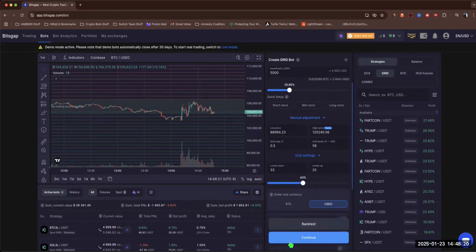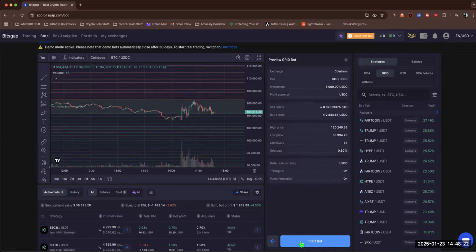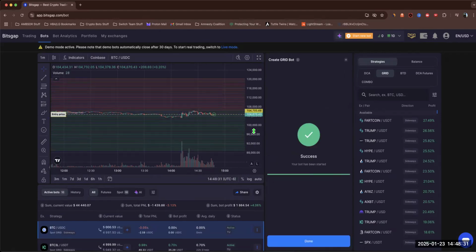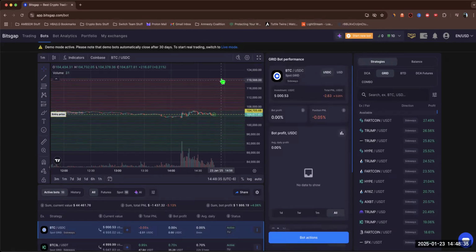Anyway, if I just click continue and start bot, it's going to create all these buy orders. And in demo mode, it does it really fast. In live mode, you'll kind of see the lines start gray, and then they're going to kind of slowly turn green and red.